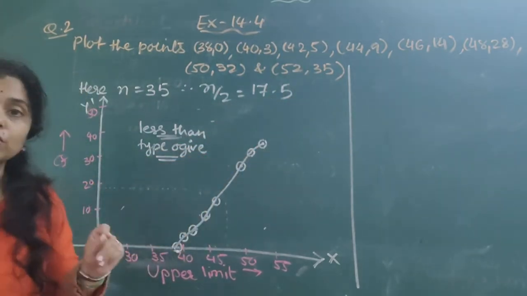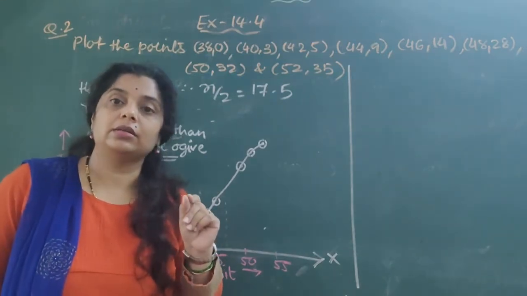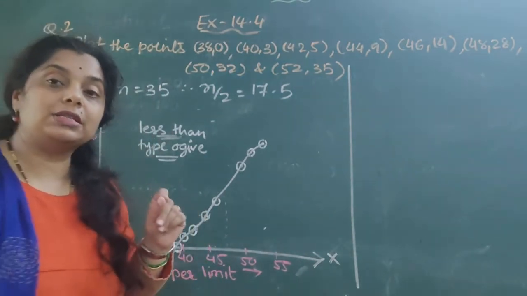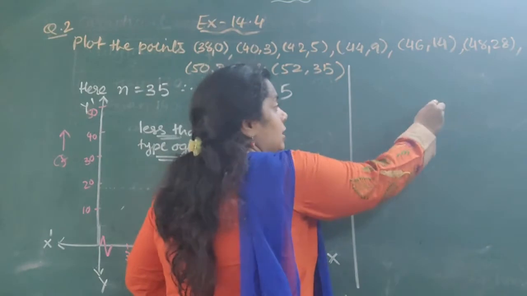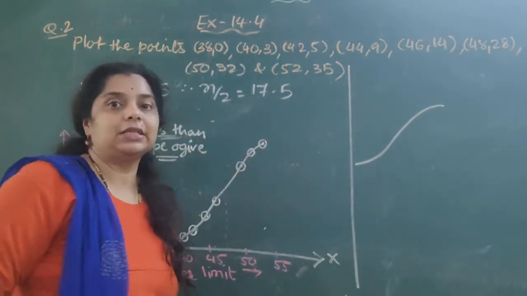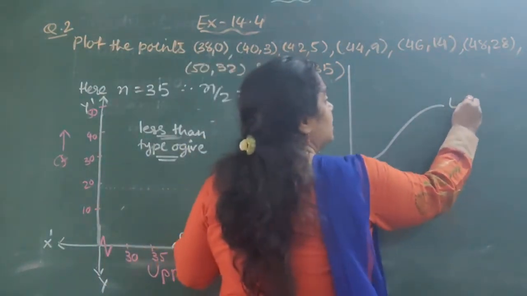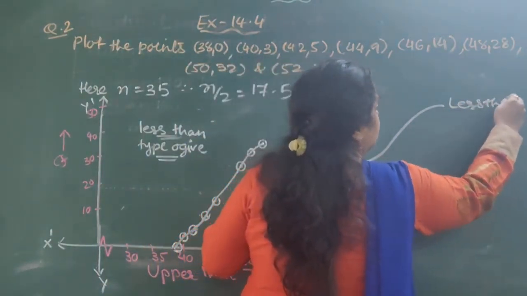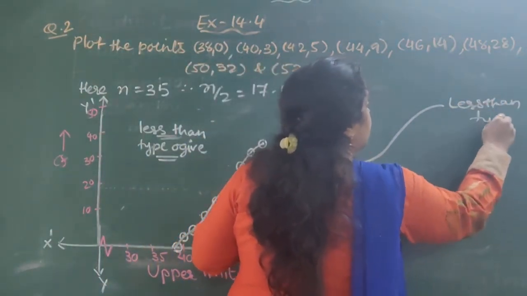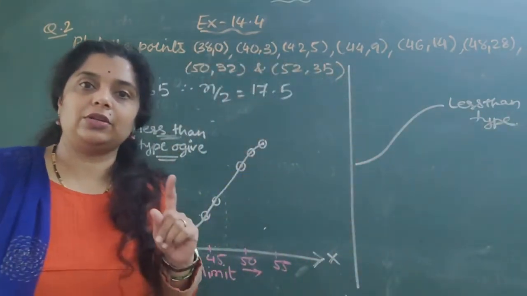In most cases, the less than type curve is like an S. Keep this thing in your mind.